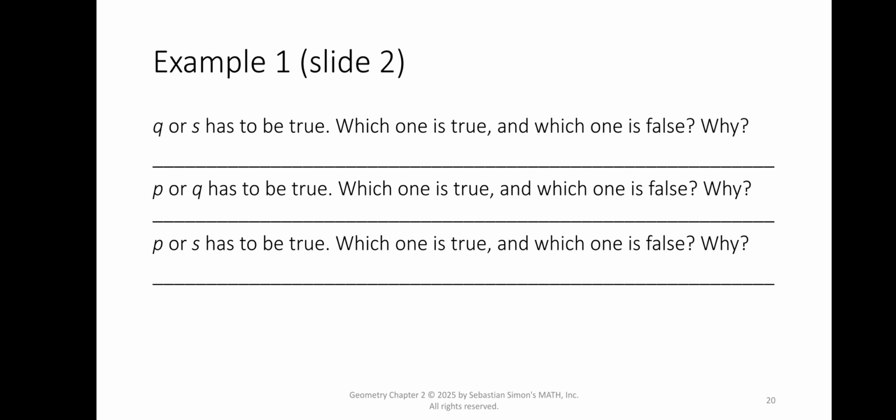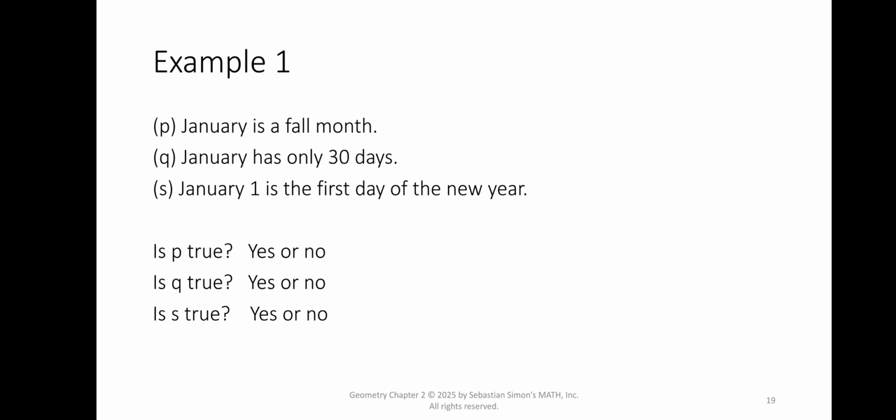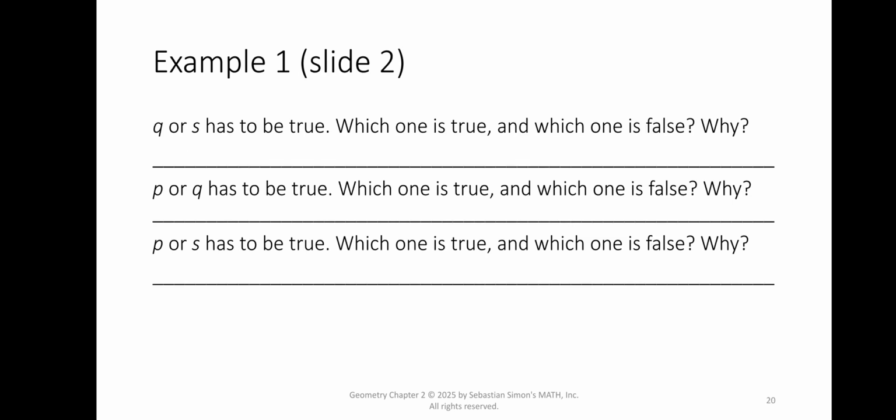So Q or S has to be true. Which one is true and which one is false? Q says January has only 30 days. That's false. It has 31. S is true. When I look on my calendar for January 2026, it has 31 days.